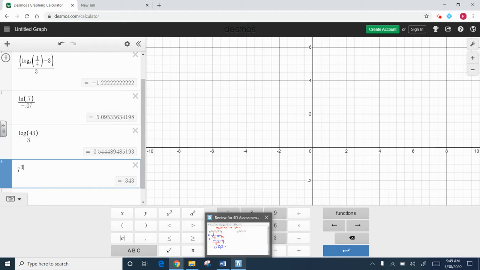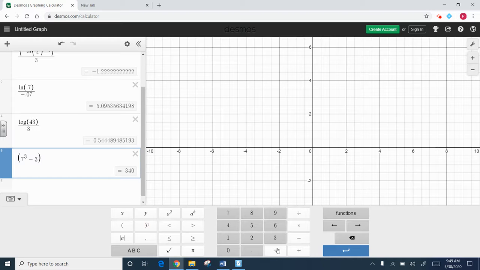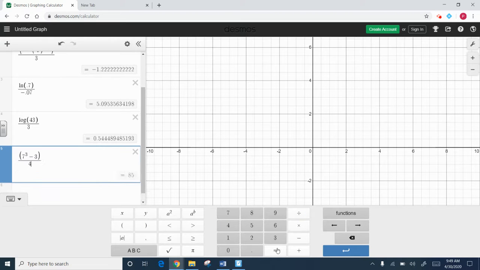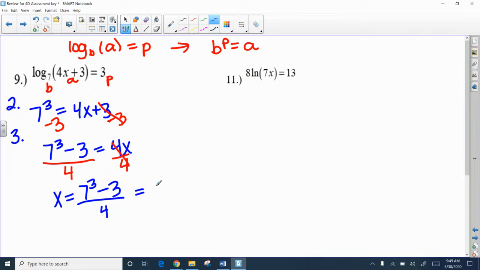And then minus 3 is 340. And then that whole thing is divided by 4. To put this in correctly, I have to have that whole thing in parentheses and then divided by 4. So 7 to the third power minus 3 divided by 4 gives us 85. So x equals 85 on that one.